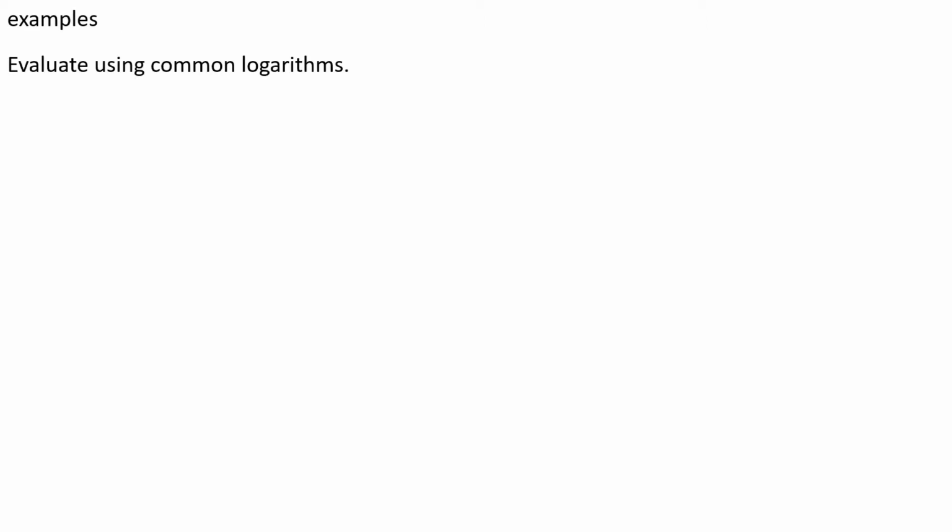Okay, now if all that was gibberish, because sometimes I give the mathematical definition, and the mathematical definition's not too straightforward, let's take a look at some examples. So, let's pretend I've got log base 3 of 14. My calculator won't do log base 3.